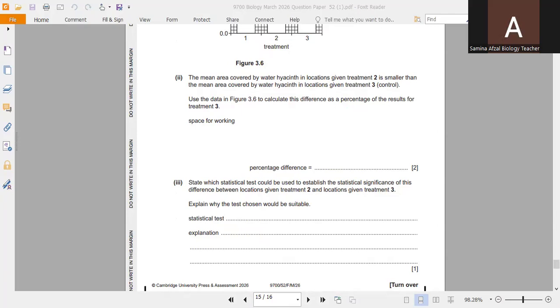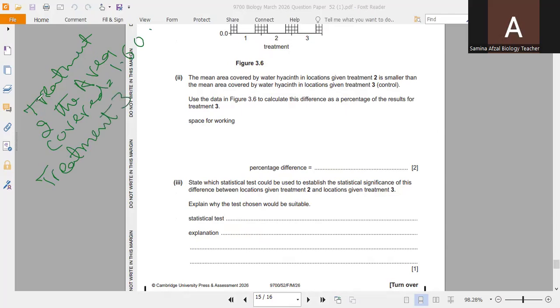As I have told you, the area covered by the plant in treatment 2 is around 1.60, between 1.55 and 1.60, and in treatment 3, the control, it is around 3.20.